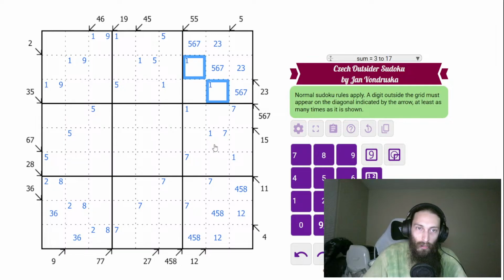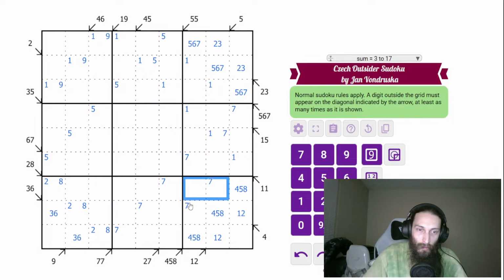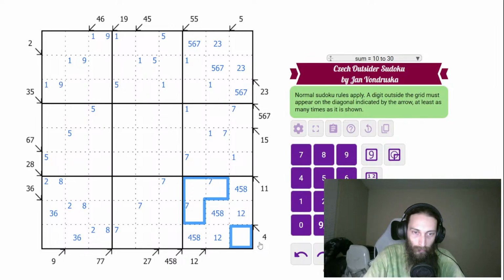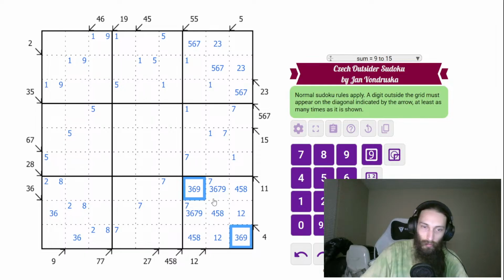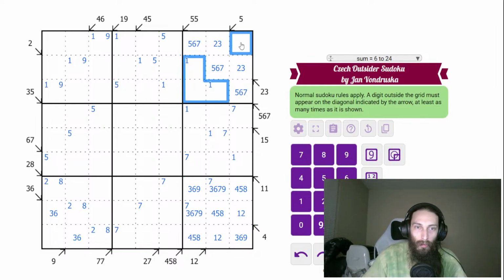One has to be one of these two. What else is in boxes 9 and 3 6 3? 7 9. 3 6 7 9. And 7 isn't either of these two. And then 1 1 4 4 8 8 9. 9. Yeah.